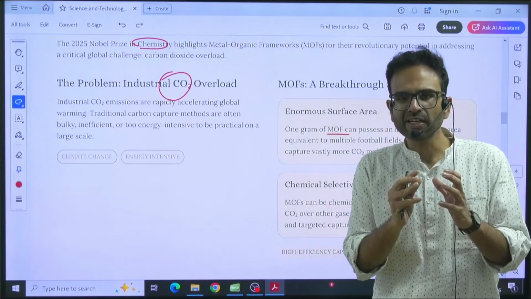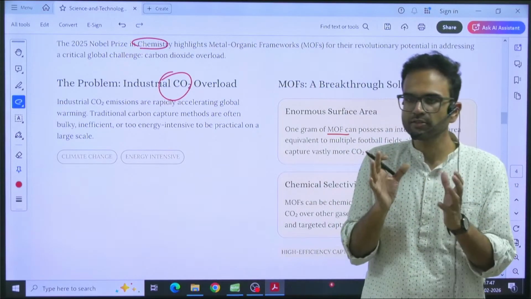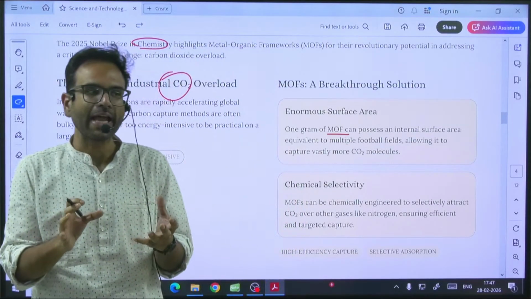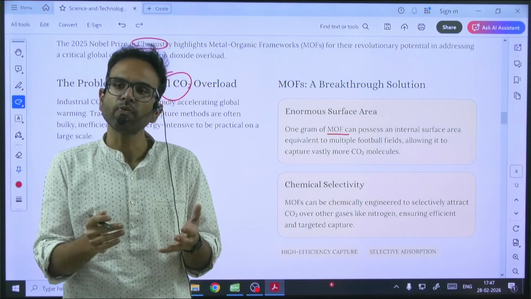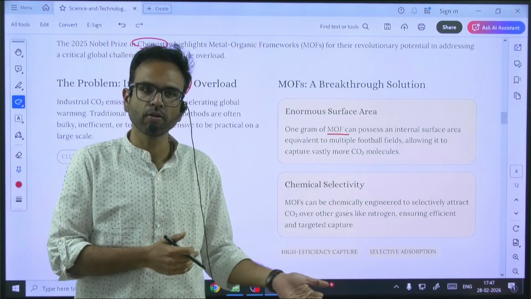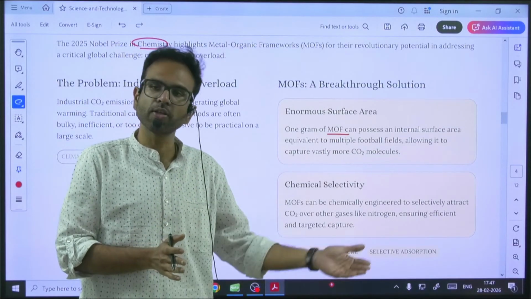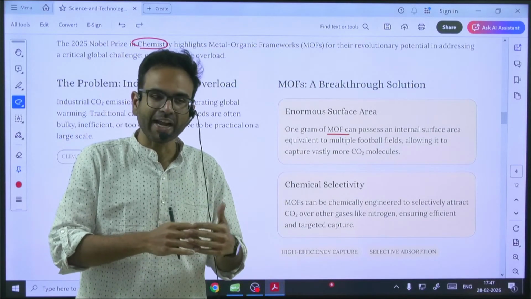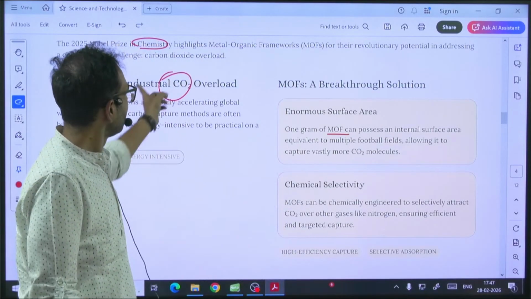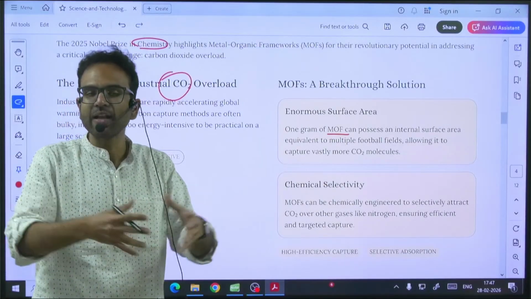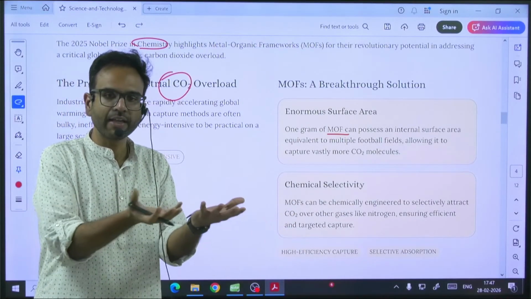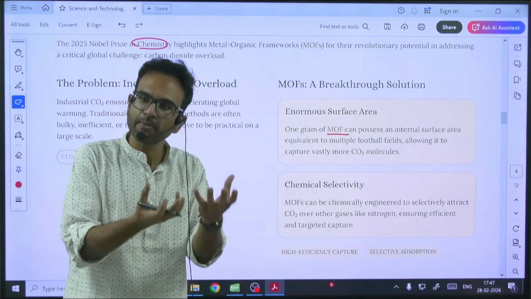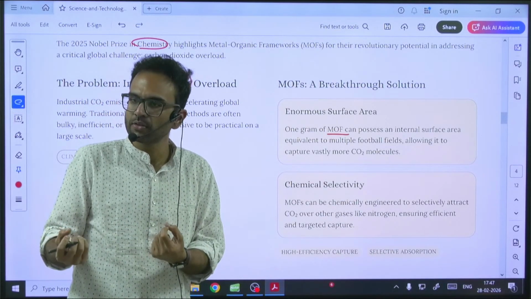So when there is a certain arrangement of internal structure of a certain material in a way that it will accommodate what was considered to be physically impossible before, that kind of a framework is called this MOF, which will enlarge the area so huge that it can be absorbing all this CO2.